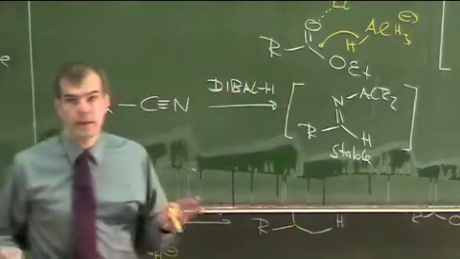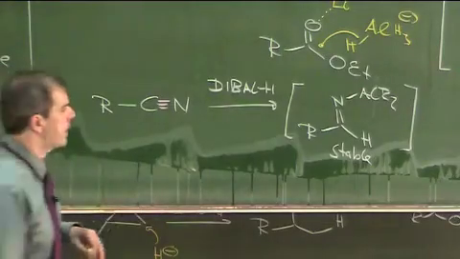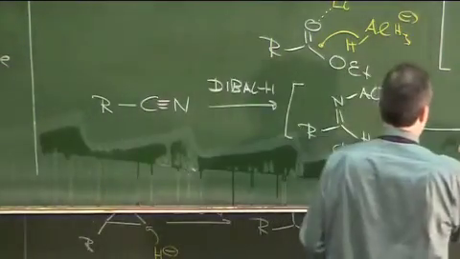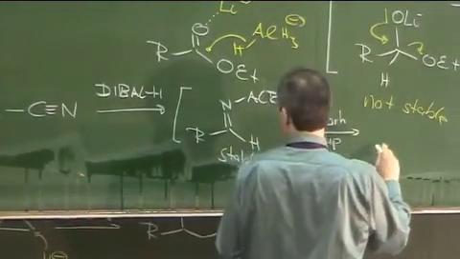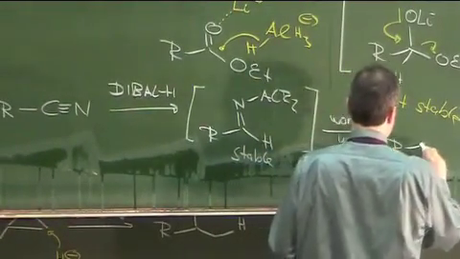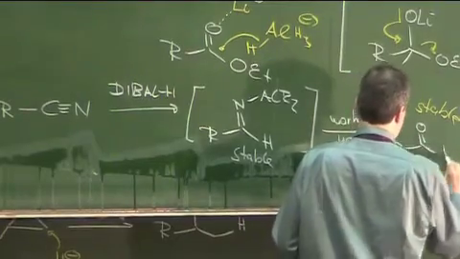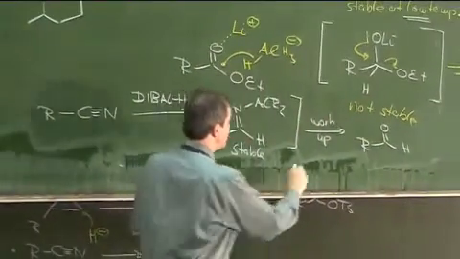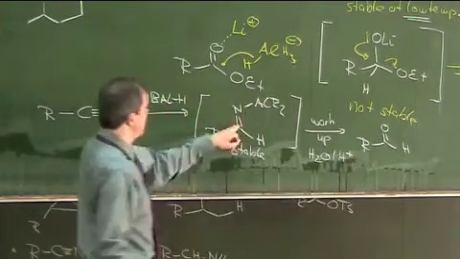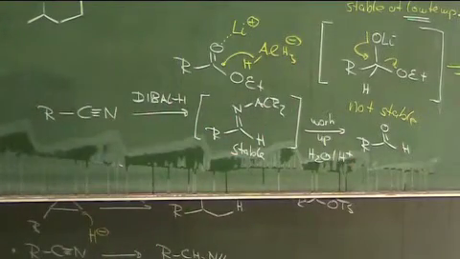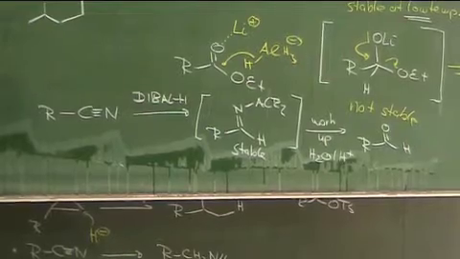It will not, at the reaction conditions, break down before workup, and then only upon workup you are able to convert then under hydrolysis conditions the intermediate to the corresponding aldehyde.